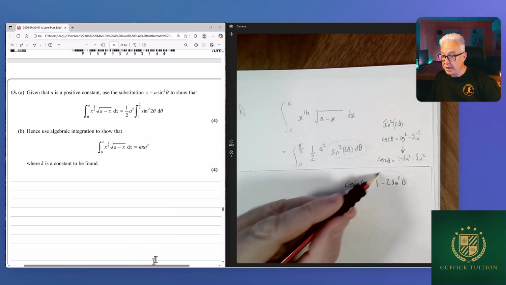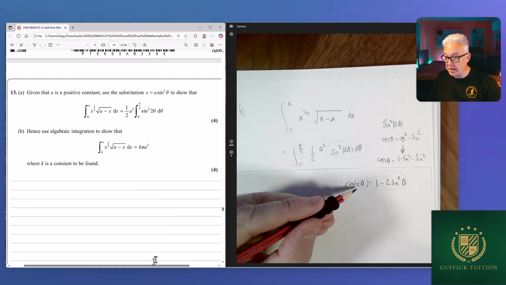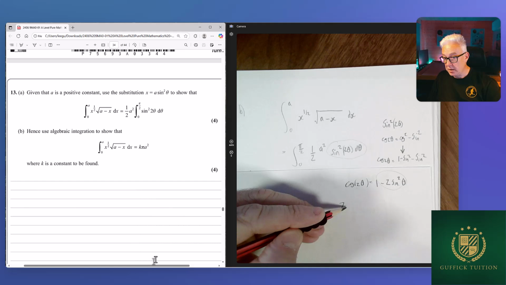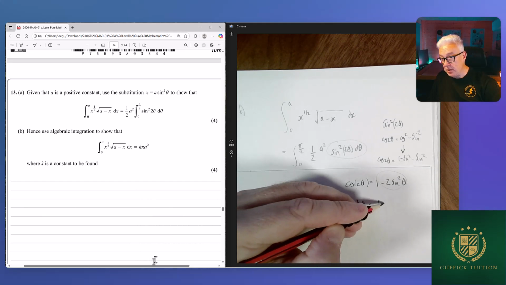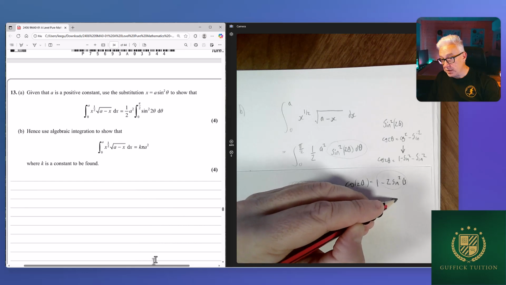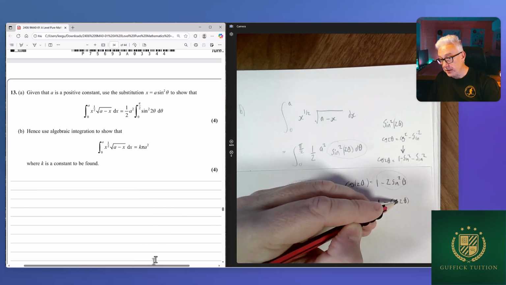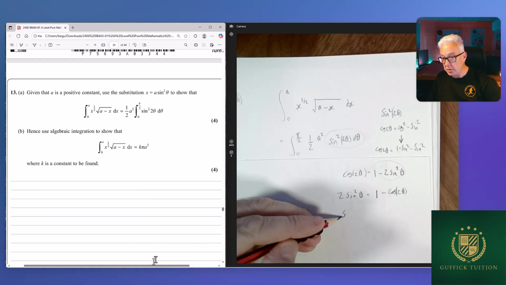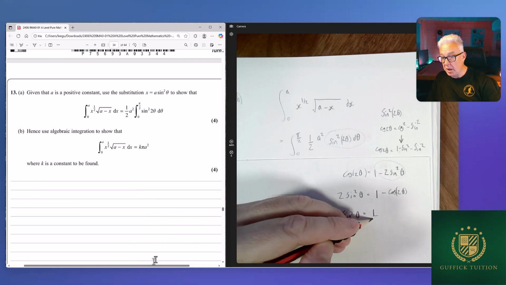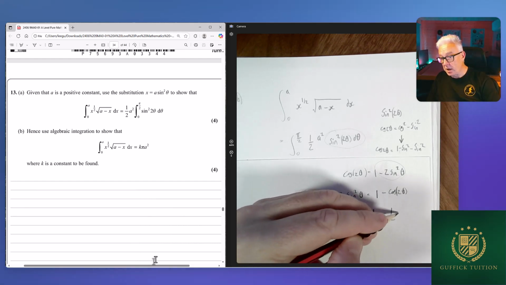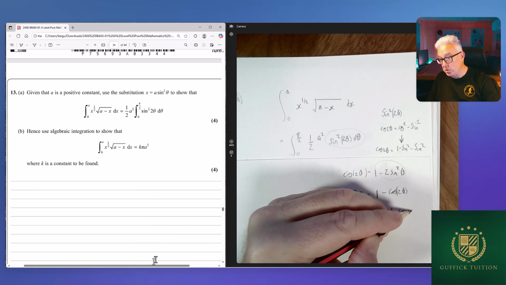I'm going to add that sine squared theta over to the left-hand side and take the cos 2 theta over to the right-hand side. So 2 sine squared theta is equal to 1 minus cos 2 theta. Now I divide by 2. So sine squared theta is equal to a half minus a half cos 2 theta.